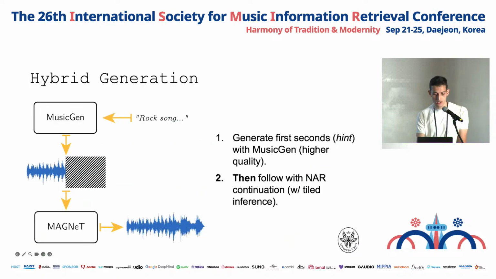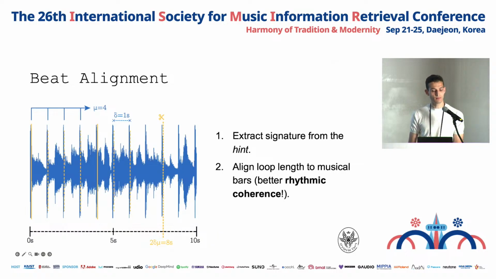Next, since non-autoregressive audio models don't create such good quality music, we modify the generation process a little by first making some hints using MusicGen, which is autoregressive and higher quality. In this way, we help MAGNeT create higher quality audio. Finally, since we've already created audio with MusicGen, we modify the generation length.